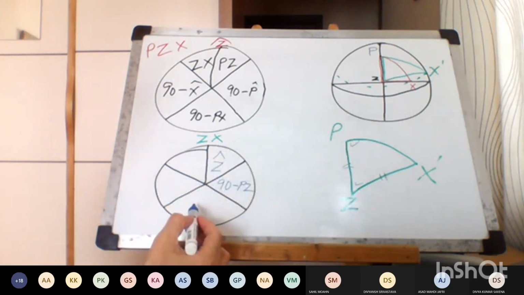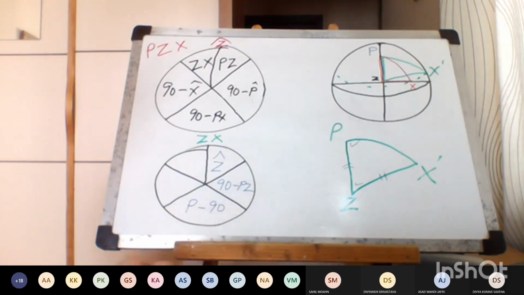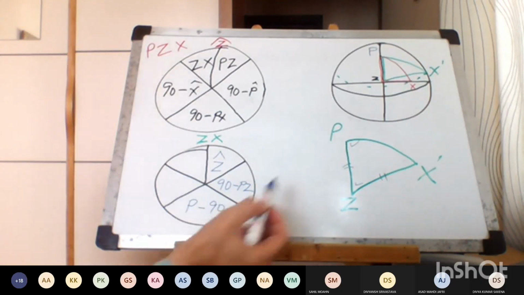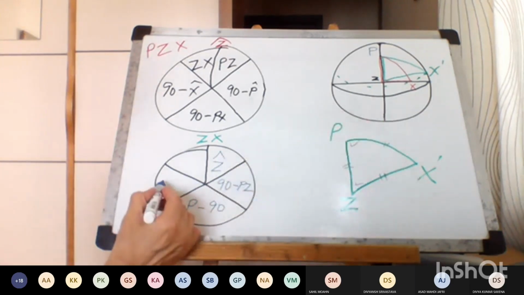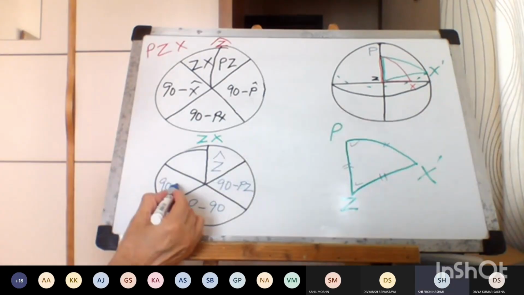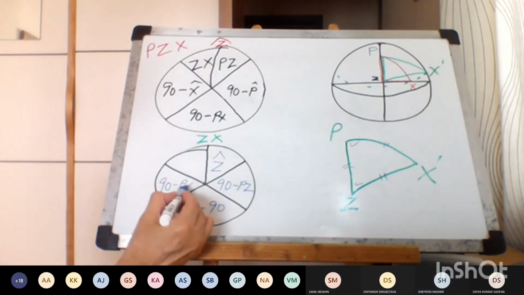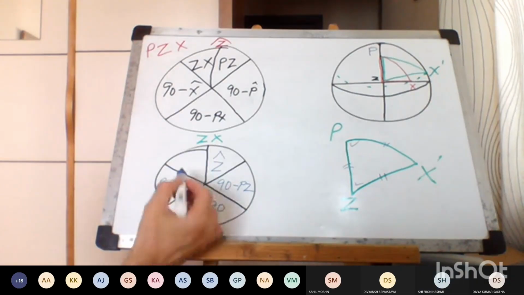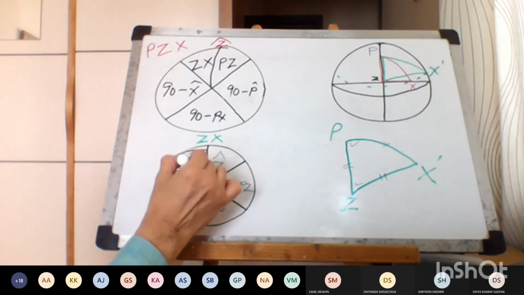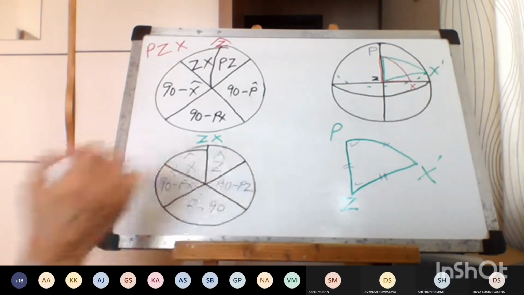In this case, instead of 90 minus angle P, we write P minus 90, the other way. So just remember this one. P minus 90. After that, 90 minus PX dash. Then angle X dash.